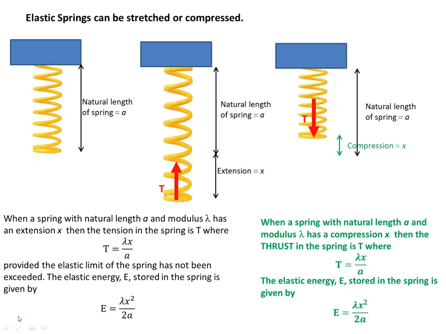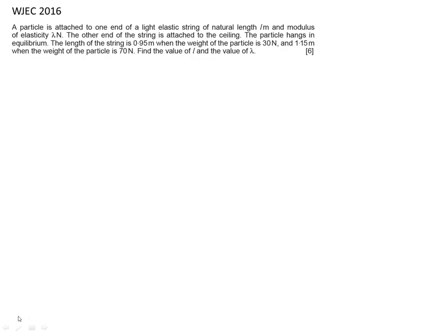So thrust is equal to lambda x over A, and also the elastic energy stored in a compressed spring is also given by lambda x squared over 2A, where the compression is x. So let's now have a look at a few examples on strings and springs.